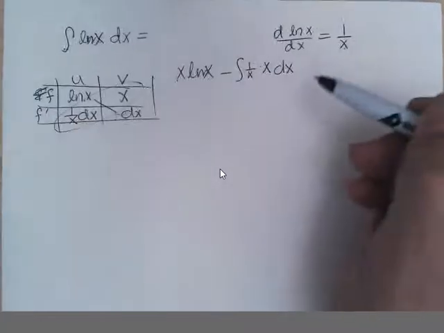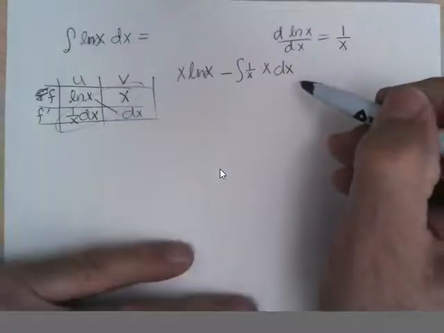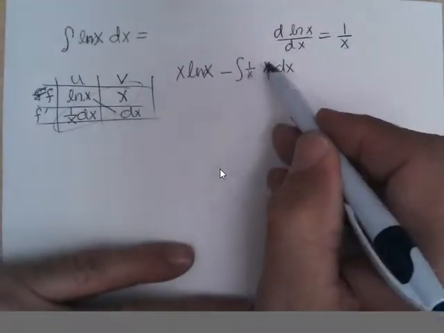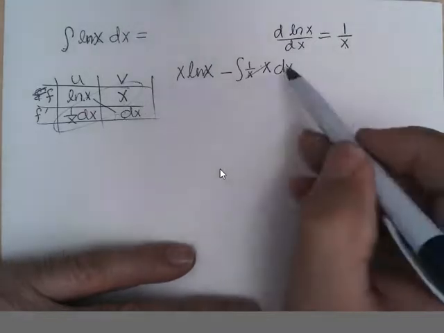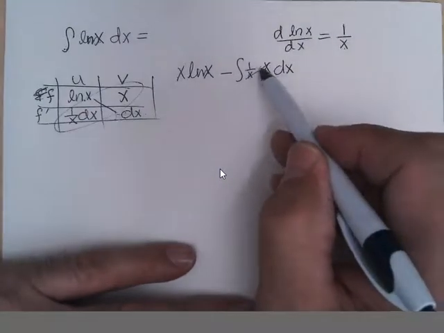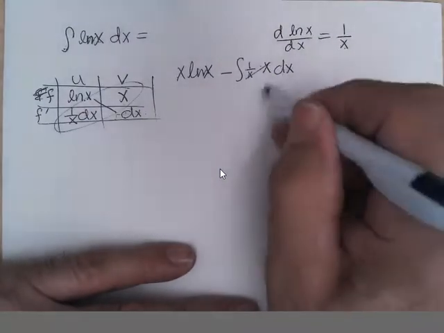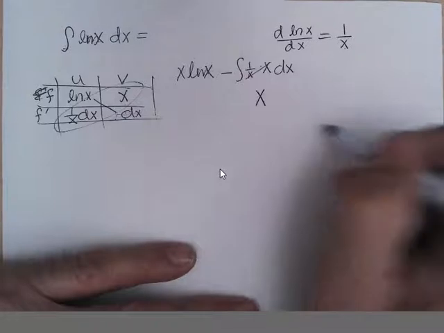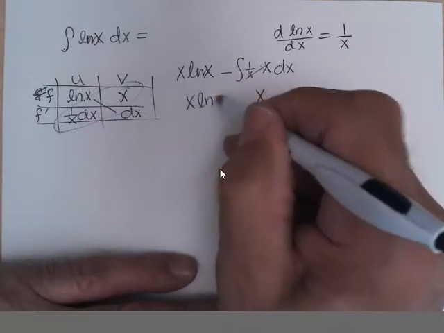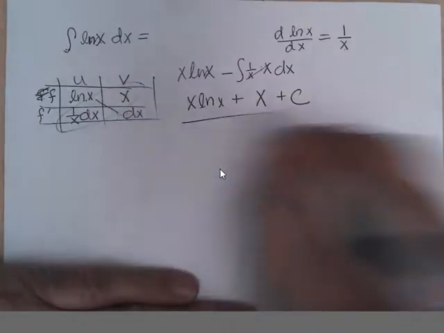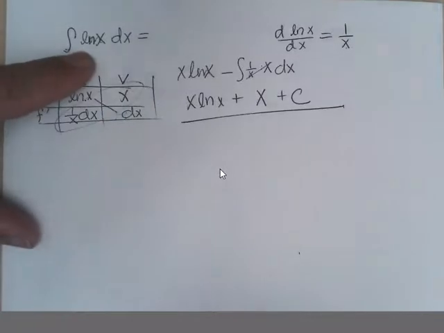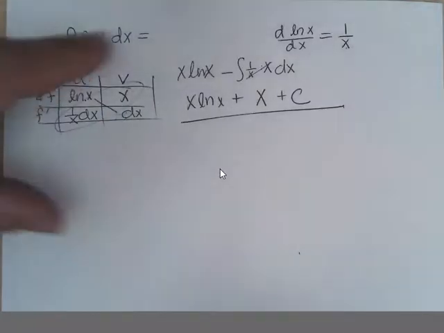I like to put the dx at the end. Fortunately, these cancel, and all we're doing is finding the antiderivative of 1 dx, which is x. That is the antiderivative of ln x, not that.